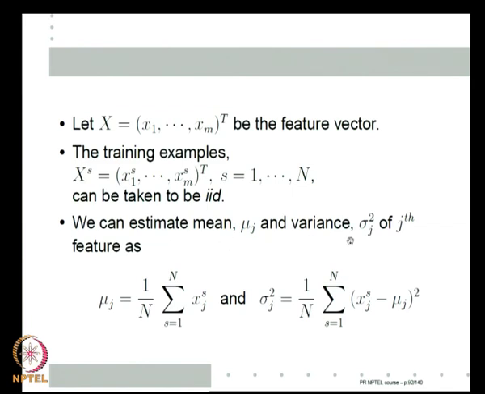The mean mu j and variance sigma square j of the jth feature are the maximum likelihood estimates. In general, both of them are sample mean and sample variance. These are very good estimates for most kinds of models. So, I can estimate the mean and variance of each of the feature components.